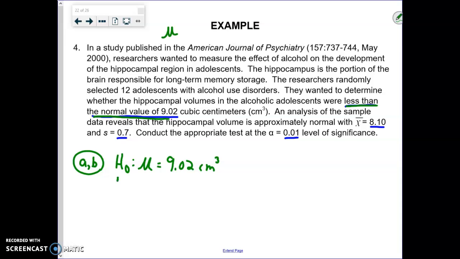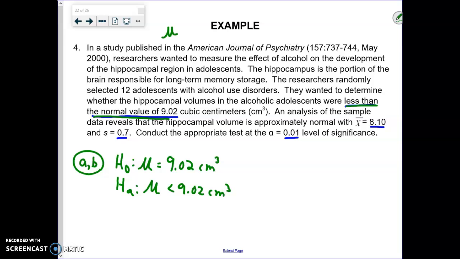So that's going to be our alternative here. And we're going to see if our sample data supports that or not, and if it rejects the null. So the average hippocampal value would be less than 9.02 cubic centimeters.